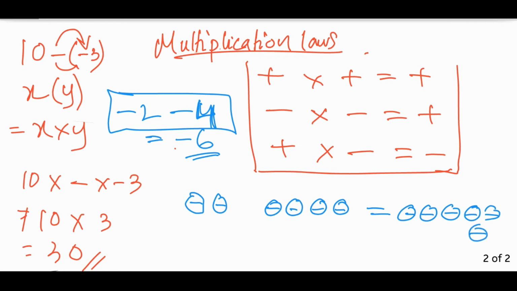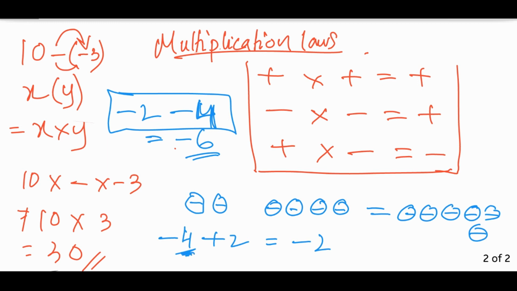Now if I have -4 plus 2, what would I do? In this case the answer would be -2. Why is it? I subtract the 2 and then put the sign of the bigger number. Here the bigger number is 4, so I put a negative before the answer.